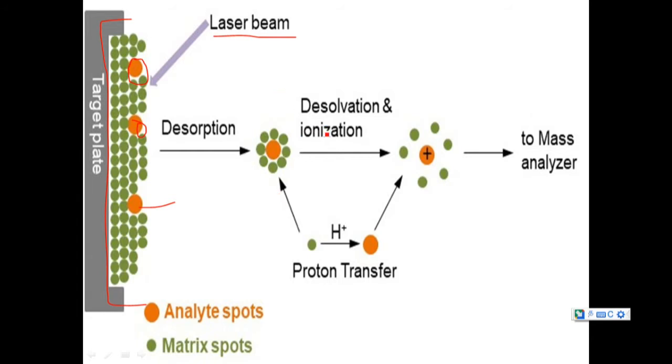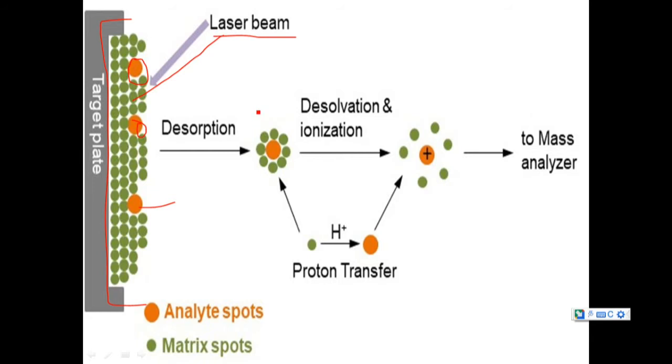Not the embedded protein molecules directly. It falls on the matrix substance. Maximum energy is absorbed by the matrix substance. So from the matrix, a part of the energy will be transmitted to the embedded protein molecules.